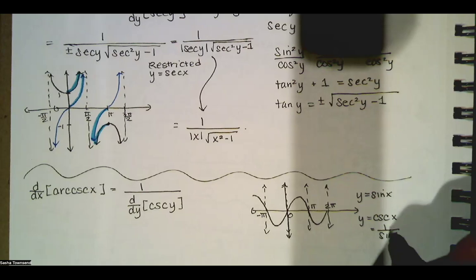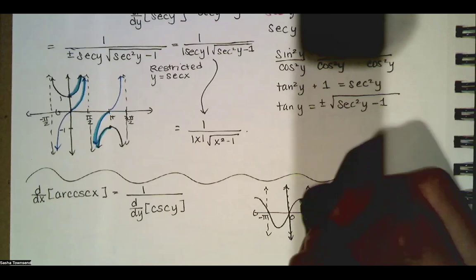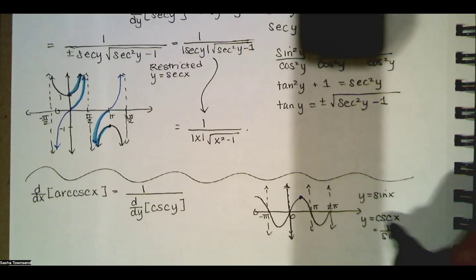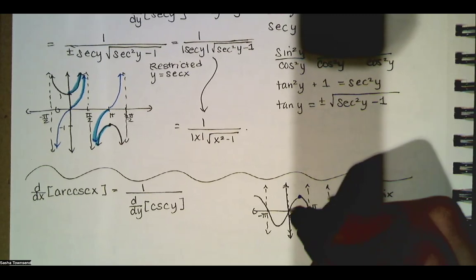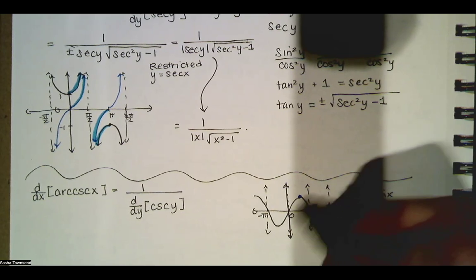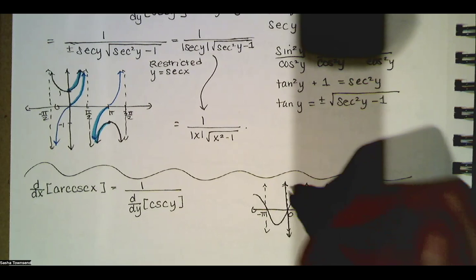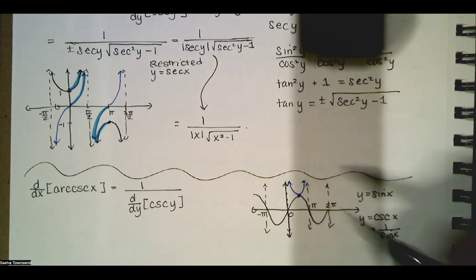And then we've got 1 over sine of x. When sine of x is 1, we've got 1 divided by 1, so we get 1 for our cosecant graph. And then as we approach 0 and pi, from the right and left respectively, we're going to have 1 divided by a tiny positive number, so we're going to get a large positive number.